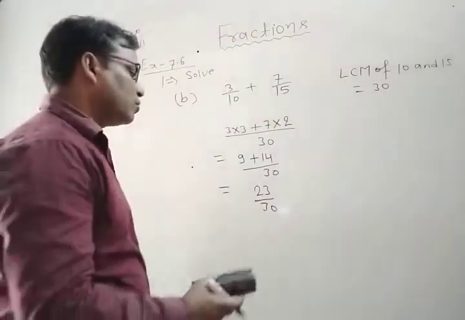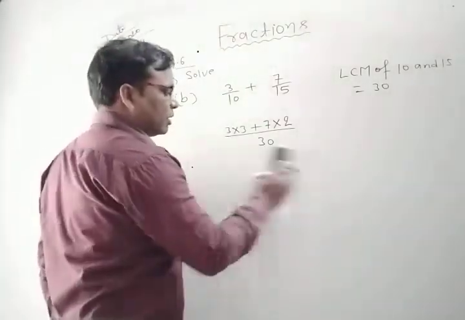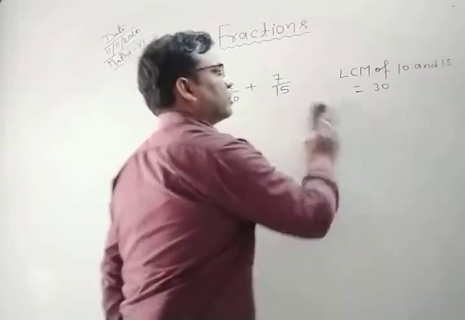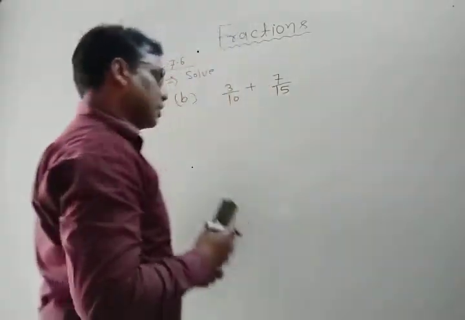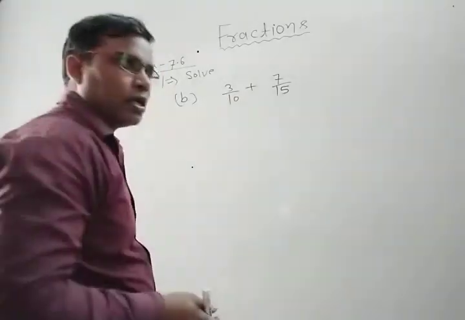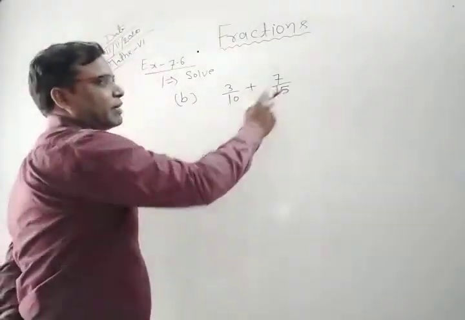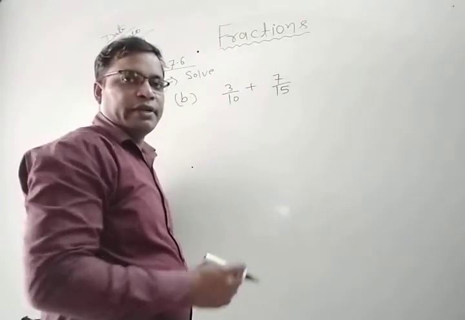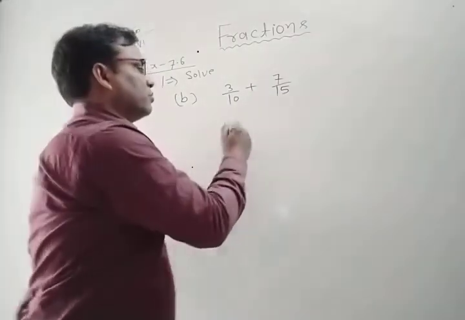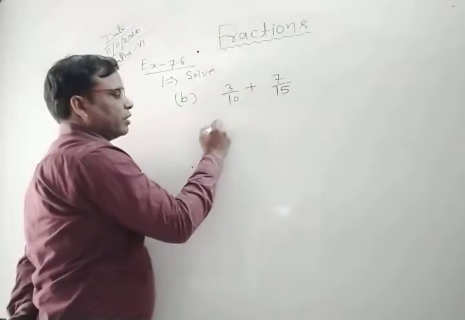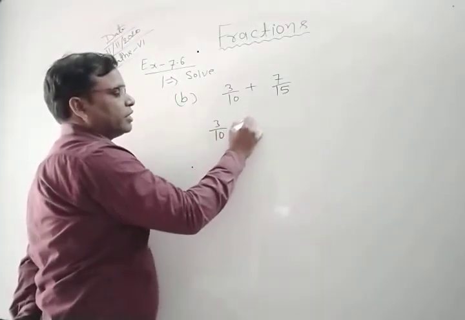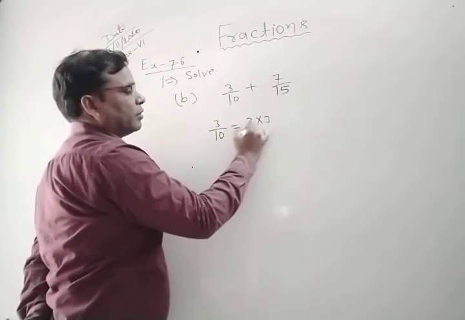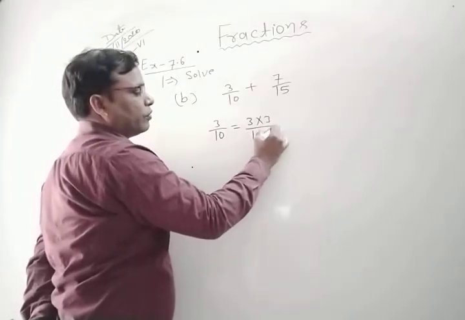Clear? Also you can solve this question like this. First you convert them to like fractions, because their denominators are different. So 3 by 10 you can write as 3 into 3 by 10 into 3.